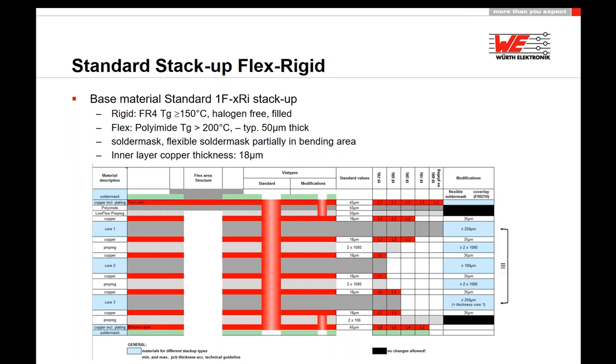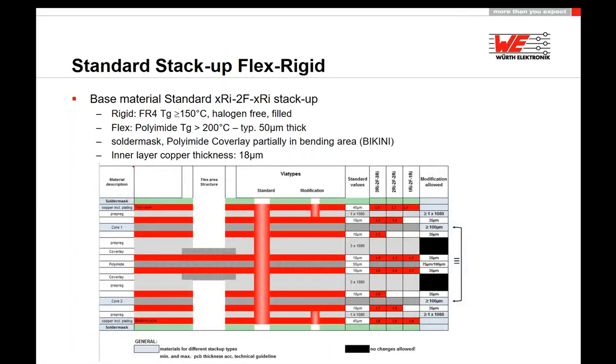As you can see, here we have an 8-layer construction with 3 copper layers on rigid from top down, and then 2 copper layers on the flex symmetrically inside, and another 3 copper layers again on rigid material down to the bottom layer, followed by a number, in this case 1.6, showing us the total thickness in millimeters, again followed by the thickness of the base copper on the inner layers.